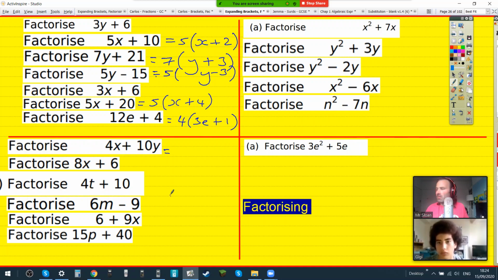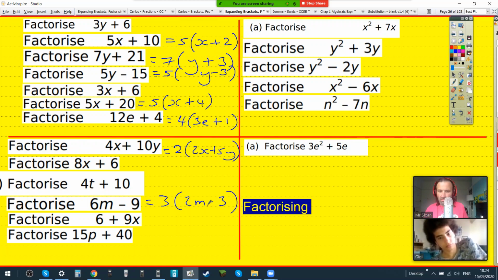Okay. Strange one. How about this? 4x plus 10y would be 2 times 2x plus 5y. That's great. Let's skip to this one. It would be 3 times 2m minus 3.